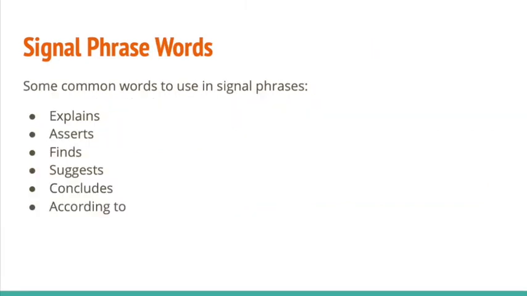So on the previous slide, we had the example finds that as a signal phrase, but here are some others that you may use in a different situation. If you want to use the words explains, asserts, suggests, concludes, or saying according to source, these are all different ideas that you can use to signal that the citation will be included in this sentence.